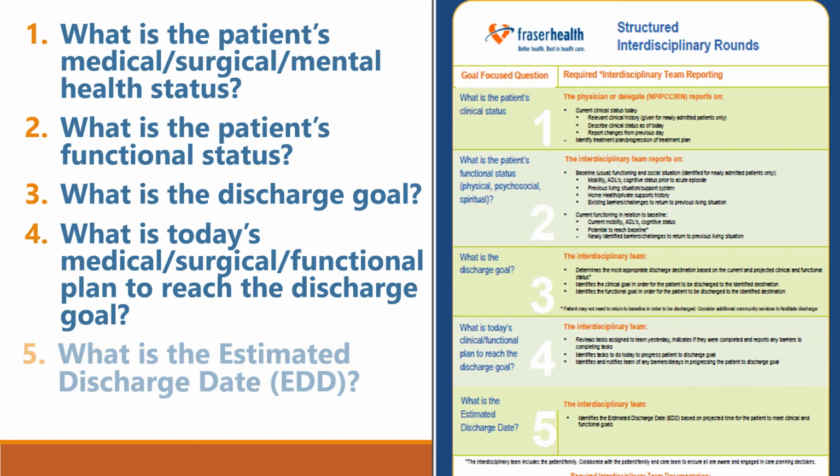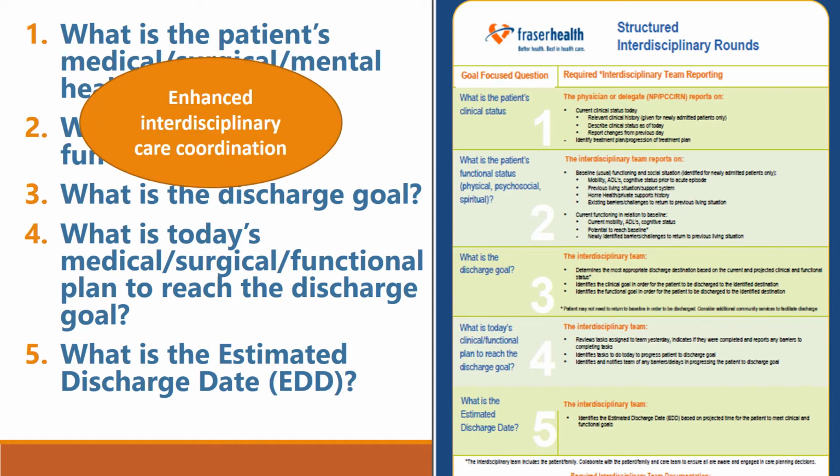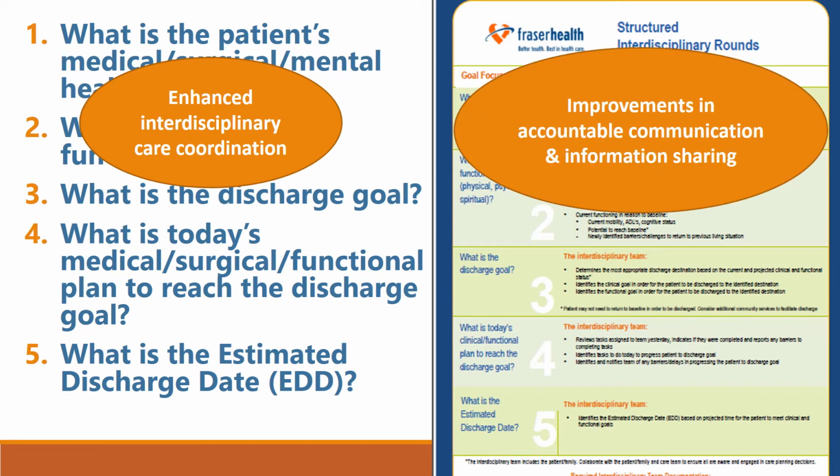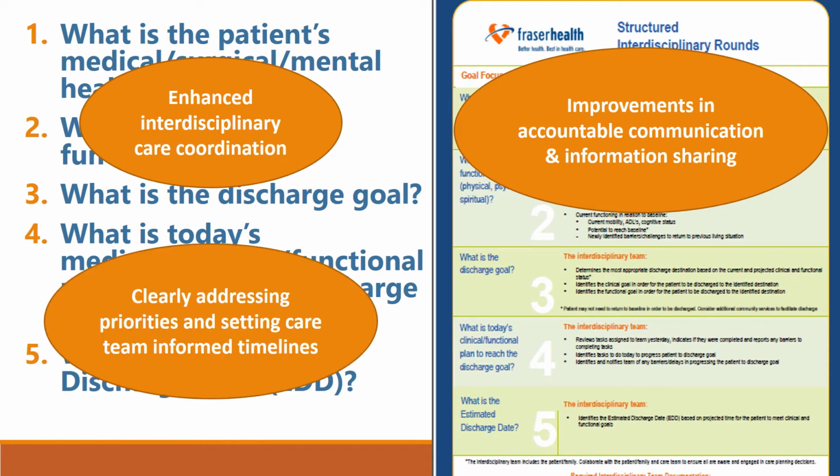Following discussion of these 4 preceding questions, the care team should have a more informed estimate of the patient's discharge date. Standardizing interdisciplinary team rounds has also helped to support more seamless care transitions by providing an opportunity for enhanced care coordination, improved communication among experts on the patient's care team, and addressing priorities and setting care team-informed timelines to support a sustainable and proactive transition, including information received from community partners now also accessing the tool.